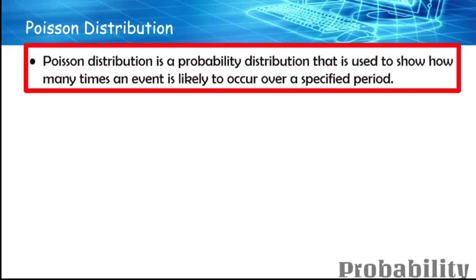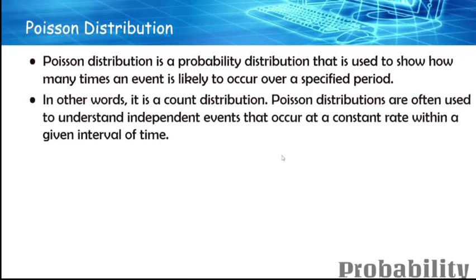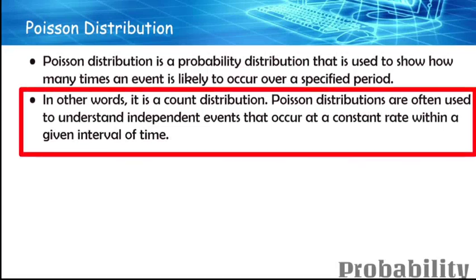So it tells us how many times the event will occur. In other words, it is a count distribution, often used with respect to favorable events. Again, you will have counts.